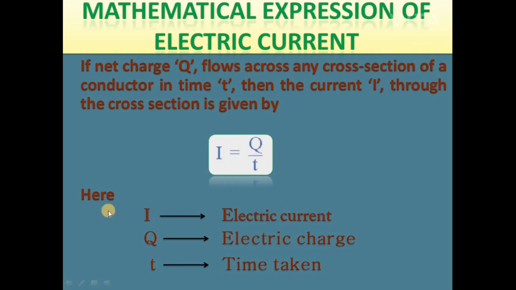Here I is electric current, Q is electric charge, and t is time taken.